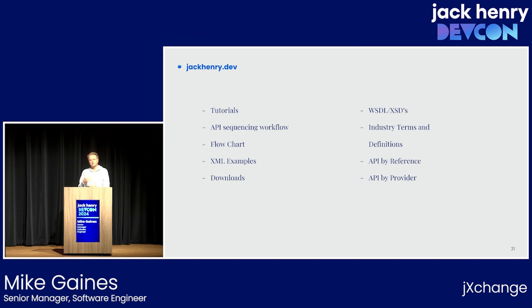What's the order of API calls that I need to make? And XML examples. For almost every API in the SOAP examples, we have embedded multiple examples of what those API calls can look like, because some of them have different input values and they might look a little bit different.